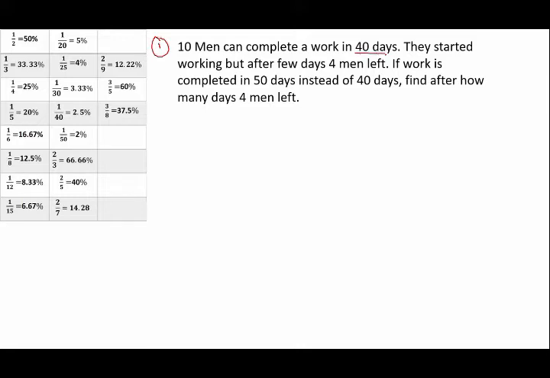Let's check our data. We have 40 days and every day 10 men worked. So in 40 days, this should be our value from the fraction table, which means 2.5% of work is done in one day. So 10 men are doing 2.5% of work in one day.